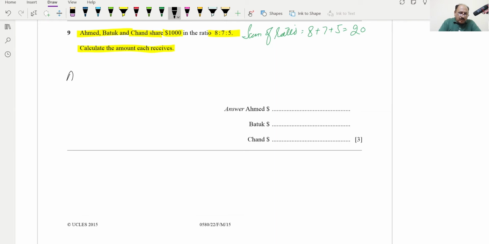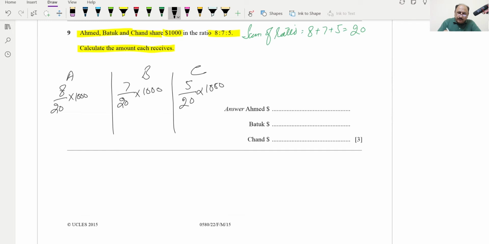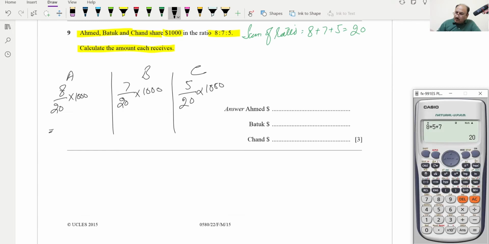Now we can find share for each one. So for Ahmad and for Batuk and for Chand, this will be for A, it will be 8 over 20 multiplied by 1000, and 7 over 20 multiplied by 1000, and the third person will have a share of 5 over 20 into 1000, and we can calculate these values.